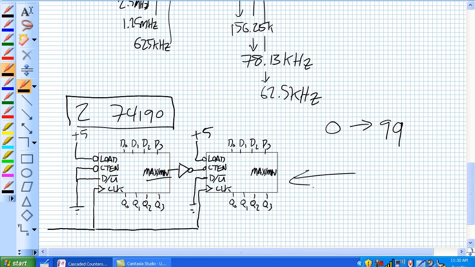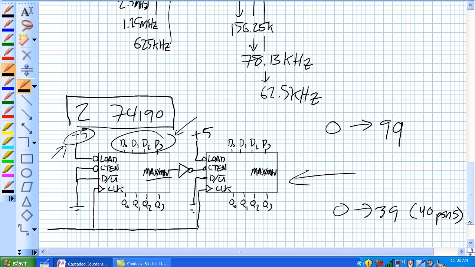How you do that is we're going to make use of our data inputs, which we previously didn't do, because remember, our load input here was tied to +5. It's an active low load. So we're going to make use of our data inputs and our active low load right now, and a little tricky math to make this happen. We want to go from 0 to, let's say, 39, so that's 40 positions.